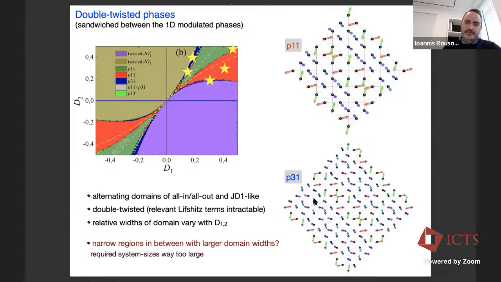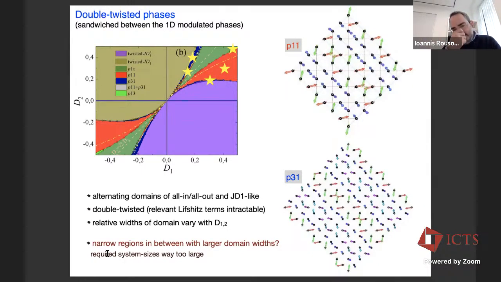And the relative widths of these two domains: here we see the width is 1 for that domain, and in this phase the width of the JD1 part of that configuration is 3 versus 1. And possibly there are other states in even narrower regions sandwiched in between, but these require very large system sizes to check.